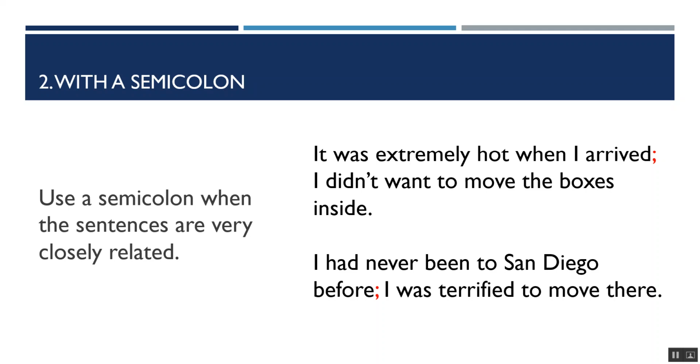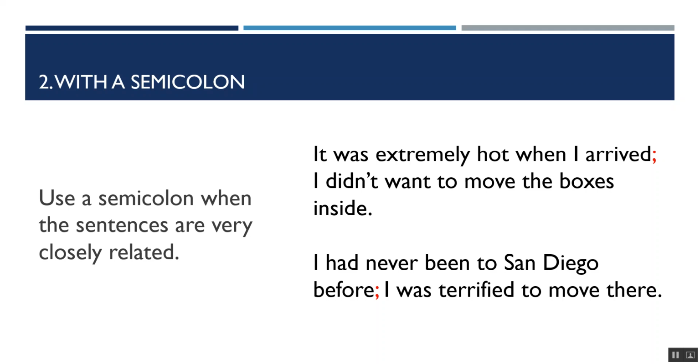Another way that you can combine two simple sentences is with a semicolon. Semicolon looks like this. It's like a dot and a comma. I like to use a semicolon when the sentences are very closely related. I don't want to use a fanboys because they're just so similar.